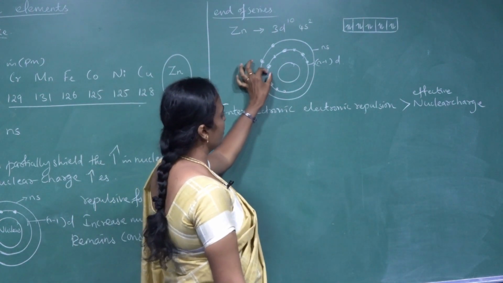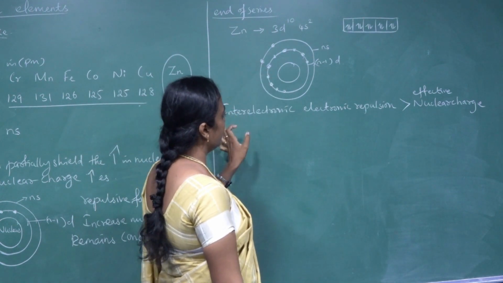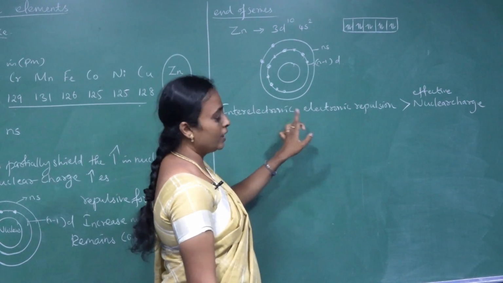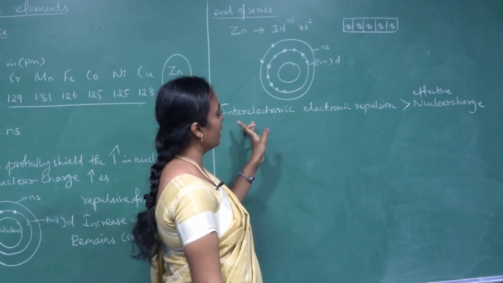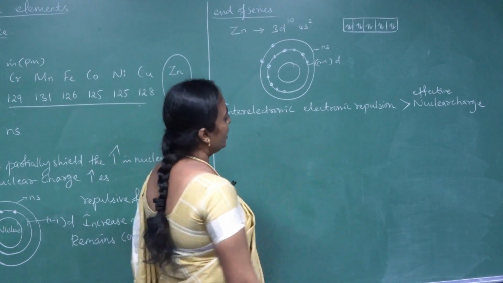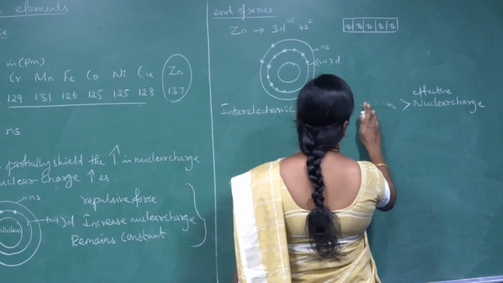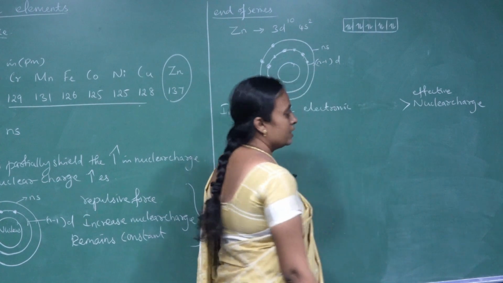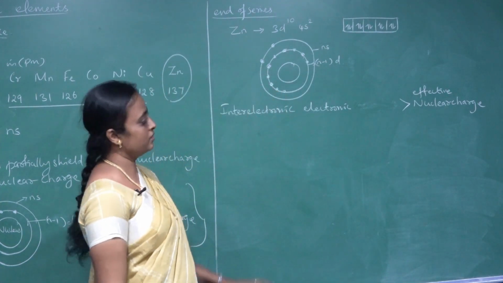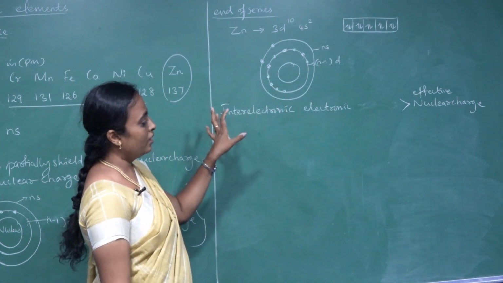These electrons will have more repulsive force. That inter-electronic repulsion should be greater than the effective nuclear charge.